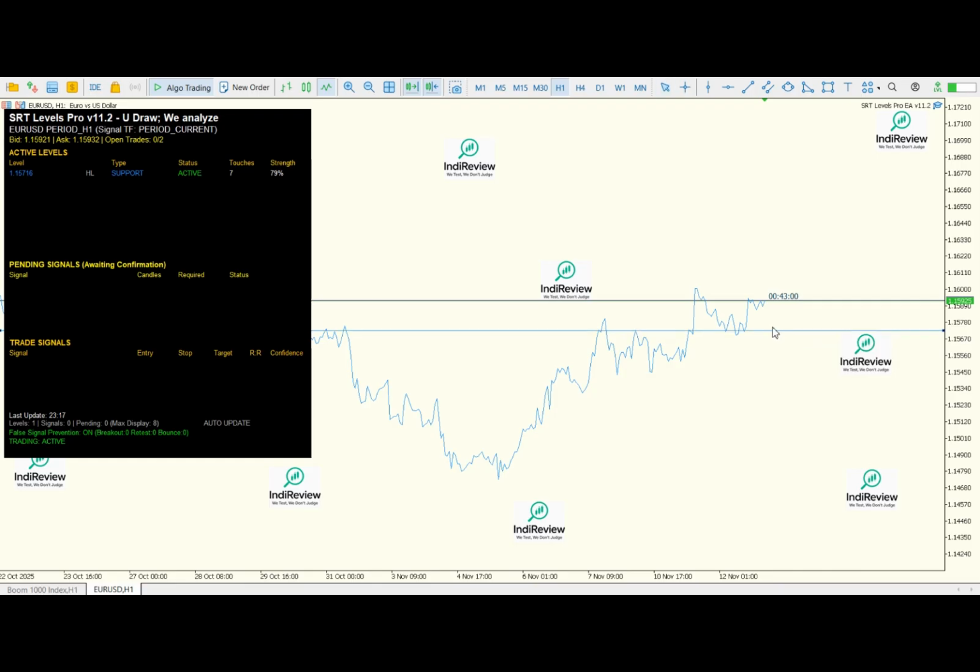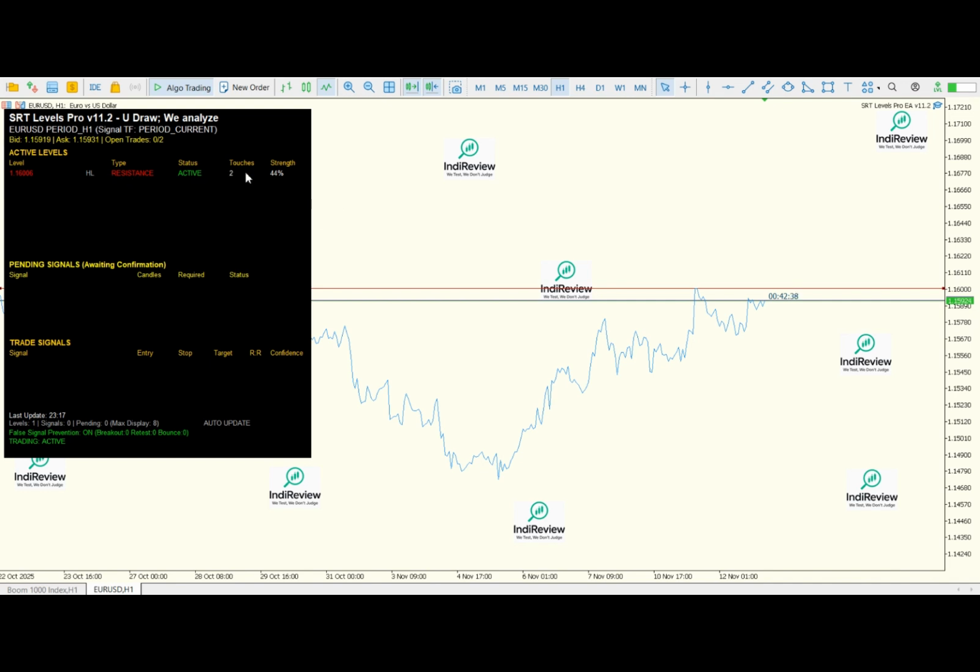If I take it back up, it changes back to resistance. It shows the level. This is 160, the exact level that is there. It shows there's a horizontal line, it's resistance, and it's active.